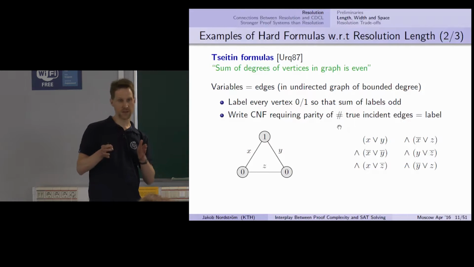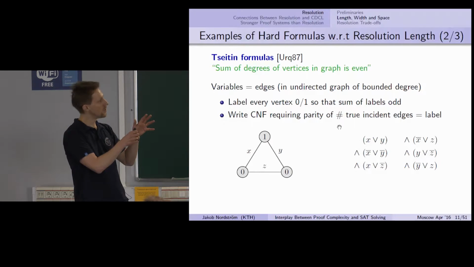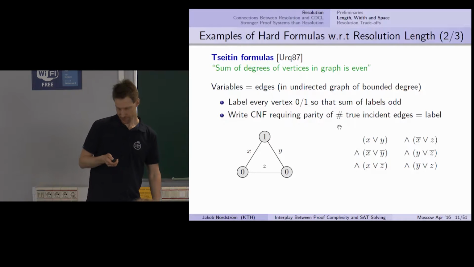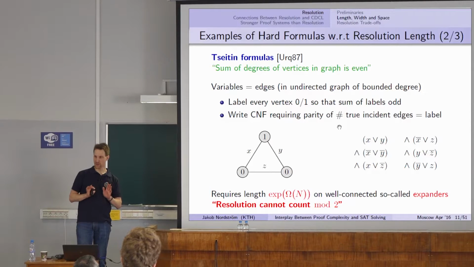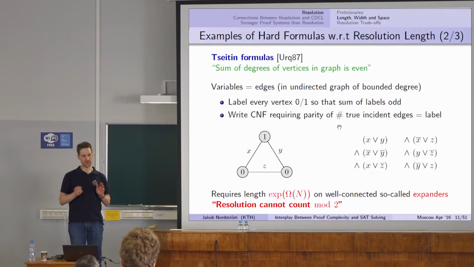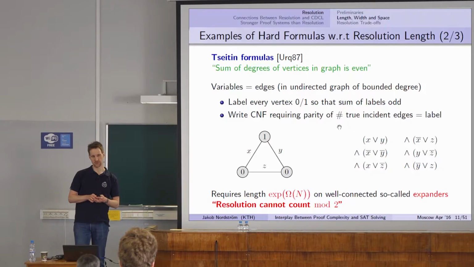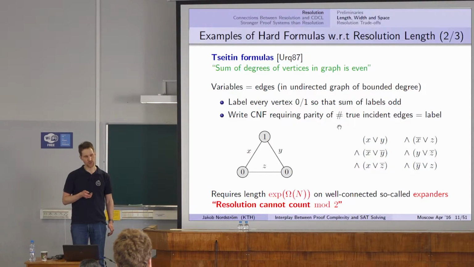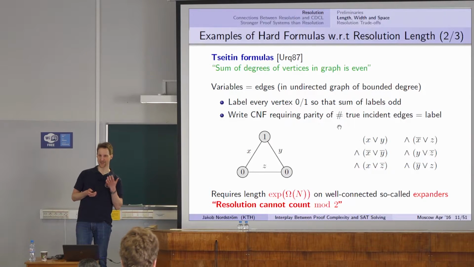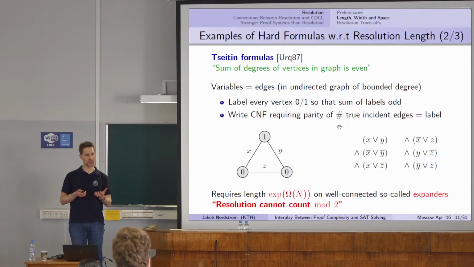Okay, so it's clear that I can just take any graph, label it 0, 1, make sure the labeling is odd, and then mechanically generate this formula, right? And if this graph is an expander graph, if it's a very well-connected graph, then this is a hard formula for resolution. Very hard. So it tells you not only that resolution cannot count, it cannot count mod 2 also in a very strong sense.